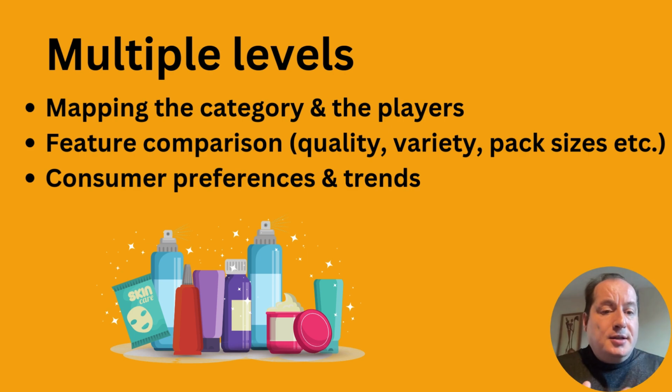Plus, is a category in upswing or decline? If it's going up, the category is being expanded. You had it a couple of years ago in the Netherlands for craft beer. People were looking for craft beer all the time, more varieties, more flavors, meaning that retailers were adding shelf space for craft beer.